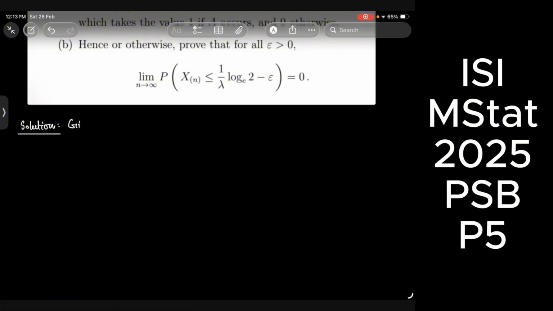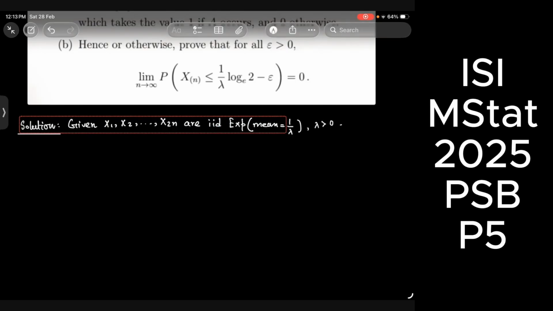So given x1, x2 up to x2n are IID exponential with mean 1 by lambda, lambda greater than 0, right? So what will be the CDF?